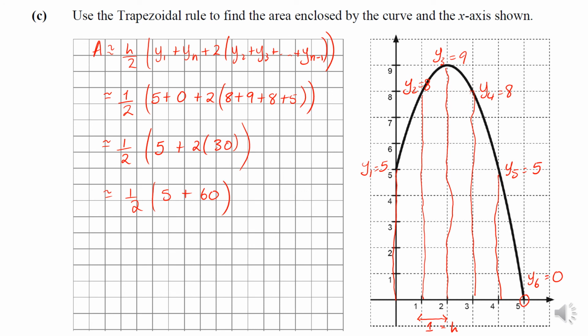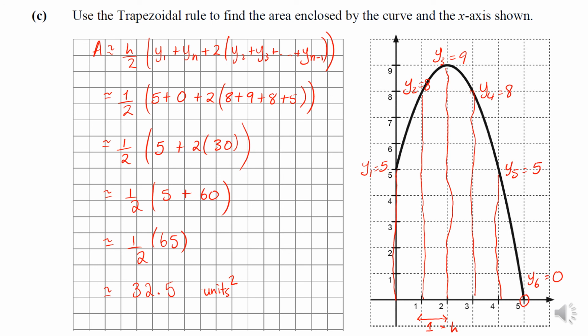So multiplication came after the bracket. We sort out this bracket first, so 65. Half of 65, so a half multiplied by 65, or 65 divided by 2. We get 32.5. Now it's not centimeters or anything. If you want to write something in, you can say units squared, whatever the units happen to be.